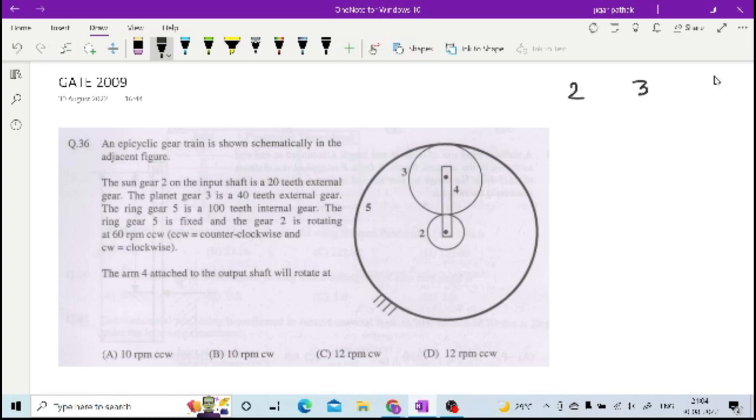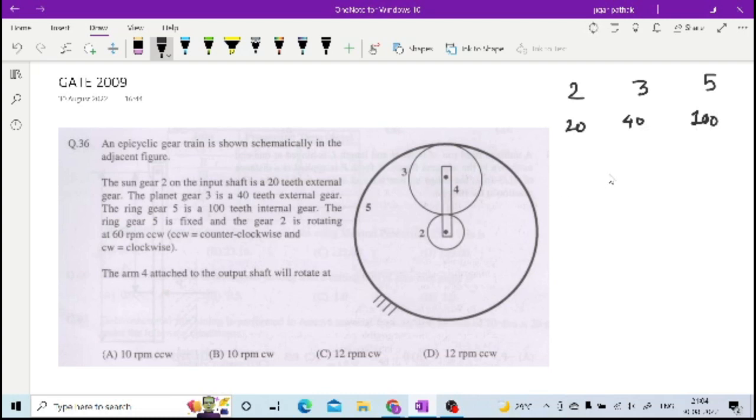2, 3 and 5 are the gears, right? You are having motion of these 3 gears. 20 is the number of teeth on gear 2, 40 is on 3, and 100 is the number of teeth on gear 5.